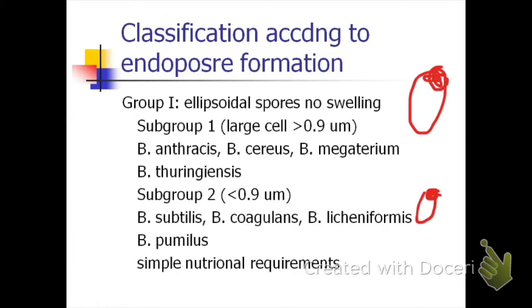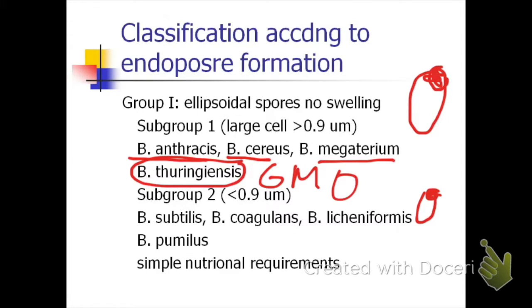Such as Bacillus anthracis, the one that can cause anthrax, cereus, megaterium, and Bacillus thuringiensis. Perhaps this is one of the most popular species of Bacillus, particularly used as a vector in GMOs, or genetically modified organisms.